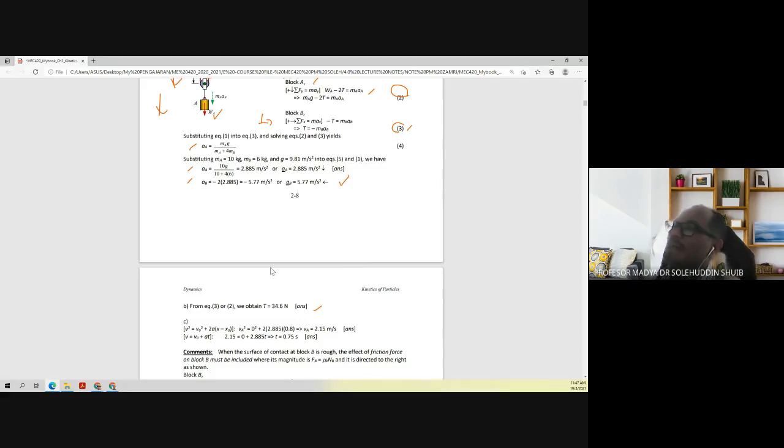And part C, simply use the constant acceleration equation: V squared equals V0 squared plus 2A delta S, with delta S as 0.8, so you get 2.15. And then what will be the time? 2.15 equals 0 plus 2.885 t, which gives 0.75 seconds.